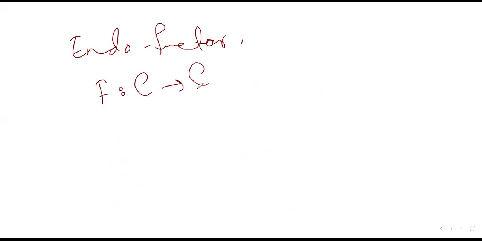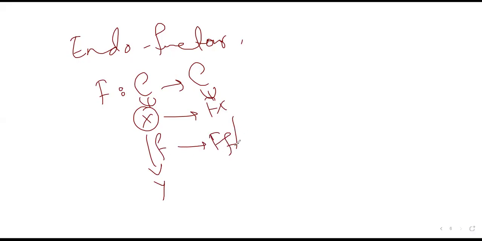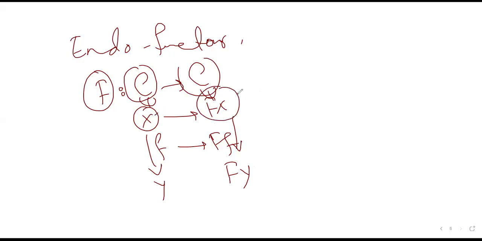Okay, from category C to category C. Object x goes to F of x, which belongs to the objects of category C. And for a morphism, let's say f is a morphism from x to y in category C, f is sent to F of f, which is a morphism in category C. So an endofunctor goes from category C to category C, sending objects to objects in C, and morphisms in C to morphisms in C.